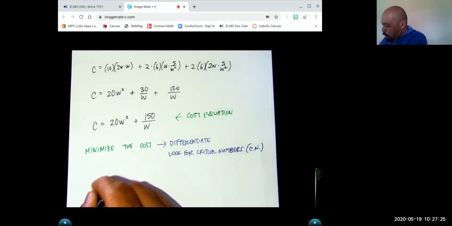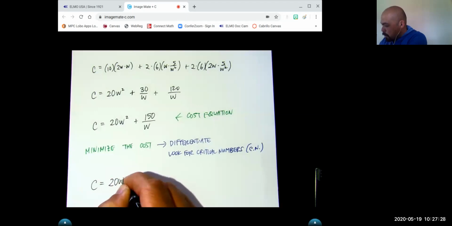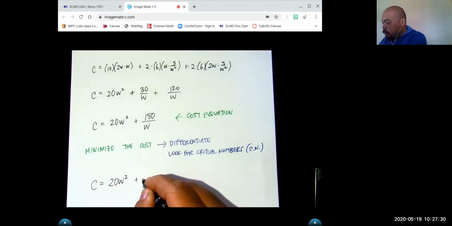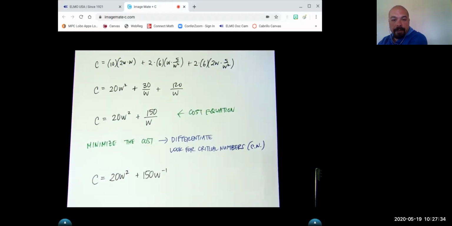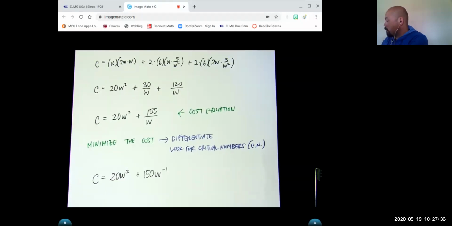So here's our function, our equation. Let me rewrite that. 180 over w, 180 times w to the negative 1, right? Taking our derivative, power rule. Negative 2 there, right? Negative 1 minus 1 makes a negative 2 exponent.